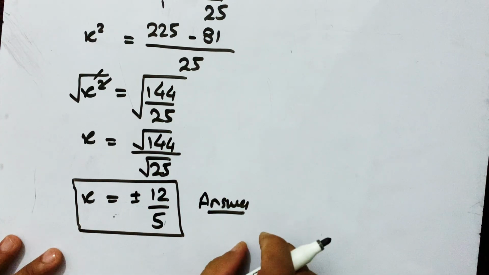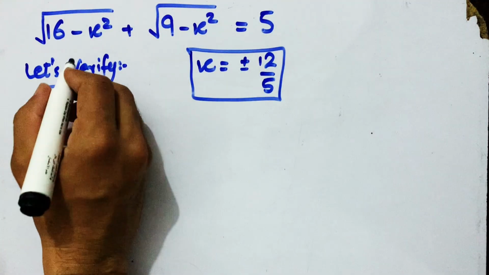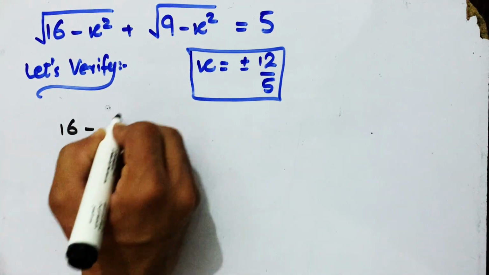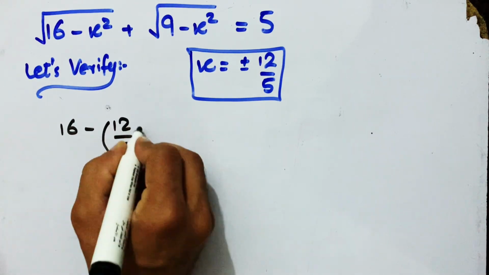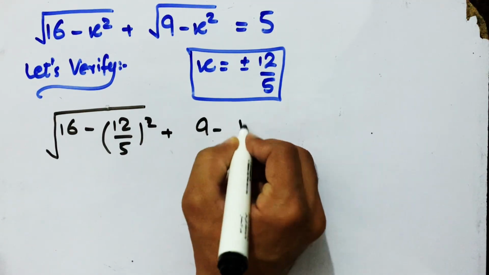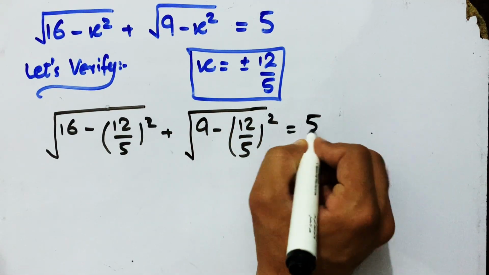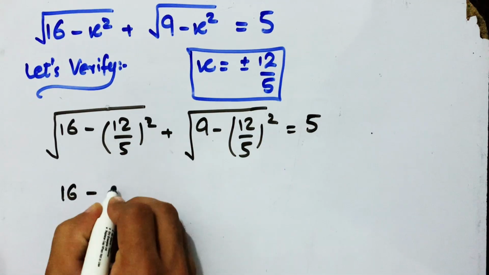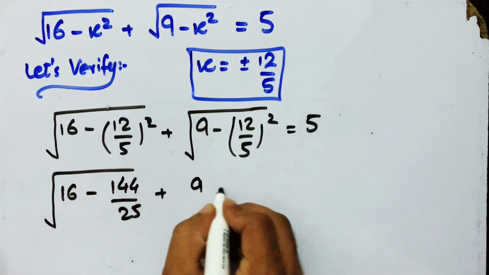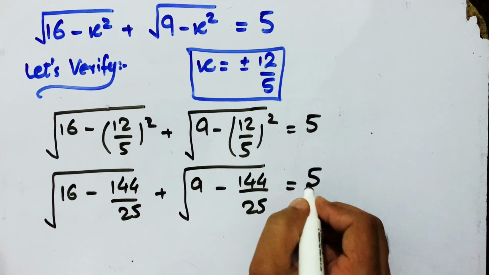Let's verify whether this is a possible solution or not. So now I input the value of x, which is 12 by 5. The square root of 16 minus 12 by 5 whole square, plus the square root of 9 minus 12 divided by 5 whole square, is equal to 5. That is the square root of 16 minus 144 divided by 25, plus the square root of 9 minus 144 divided by 25, equal to 5.